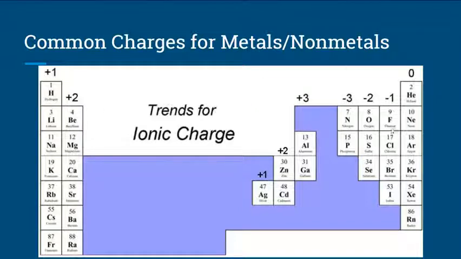And then over here in group 7, we have our -1 charges. Group 6, which are 2 electrons away from the closest noble gas, want to gain 2 electrons. And then some of the group 5s, which are 3 electrons away from a noble gas, want to gain 3 electrons to match up to that closest noble gas.